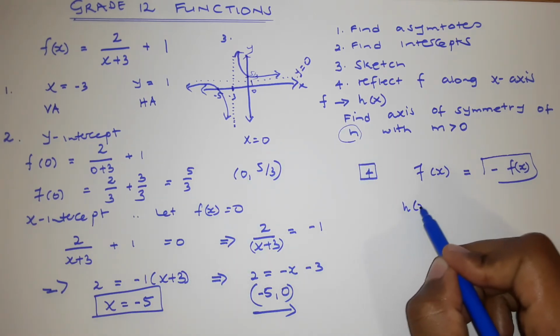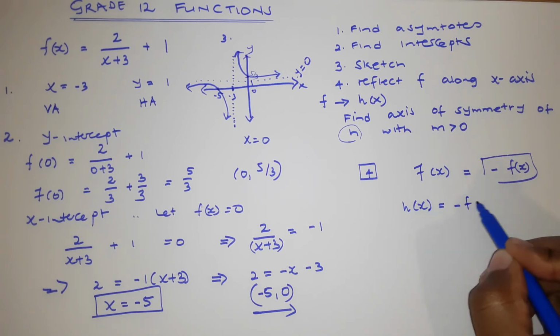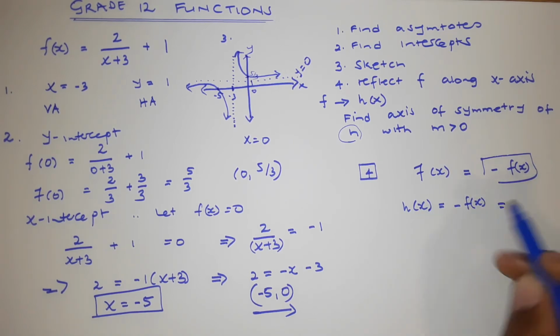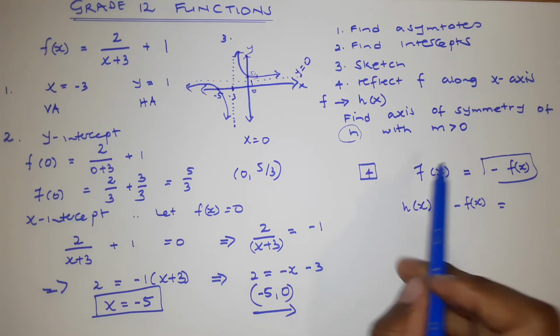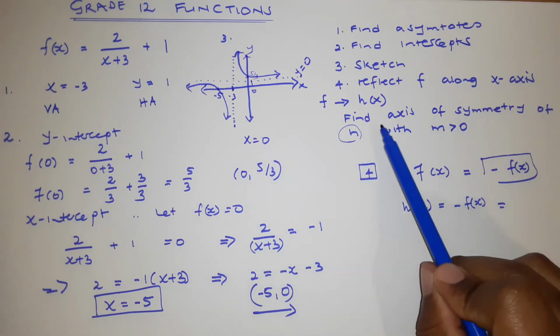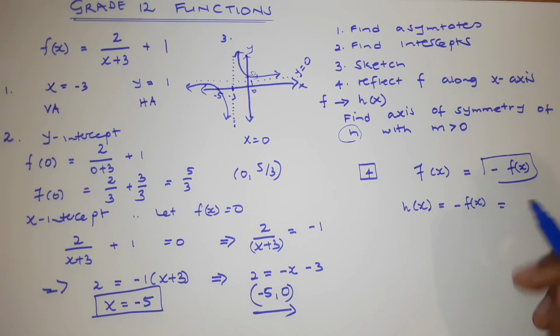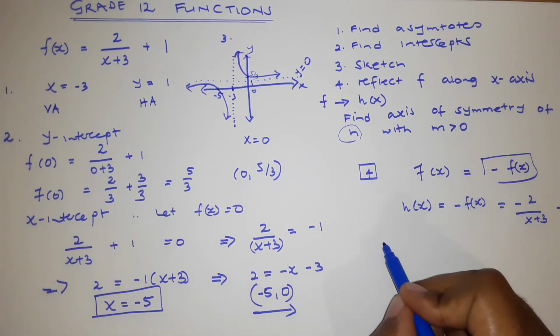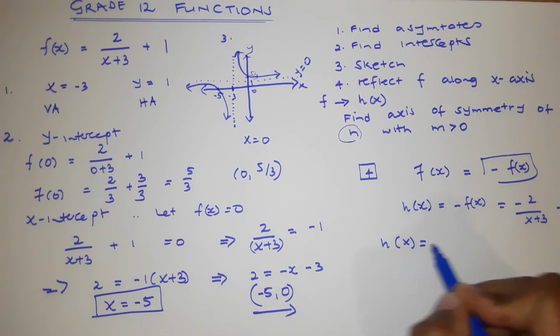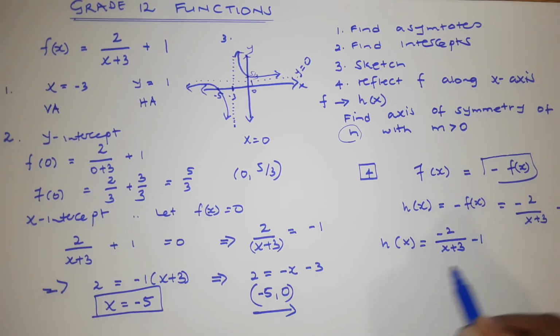So h of x equals negative f of x, which is negative 2 divided by x plus 3. The negative also affects the 1, so it's -1. So h of x is negative 2 divided by x plus 3, minus 1.